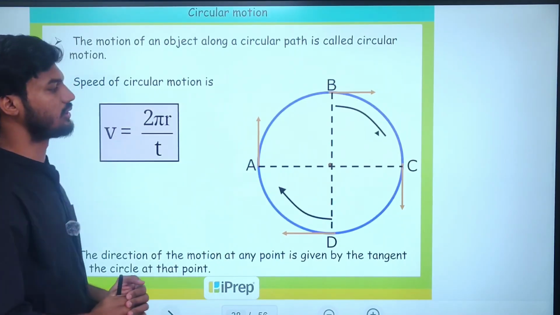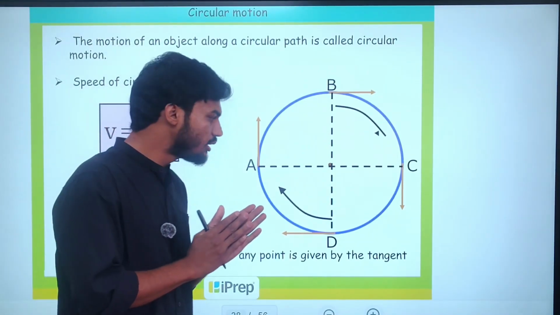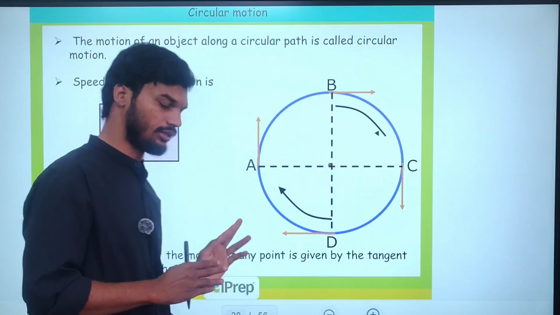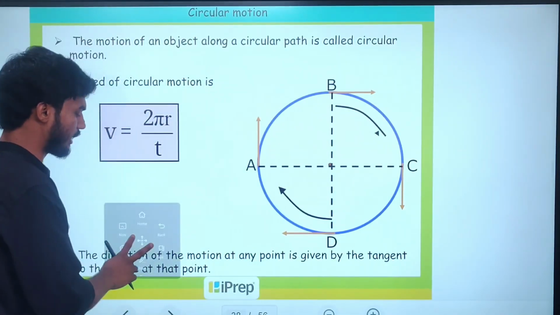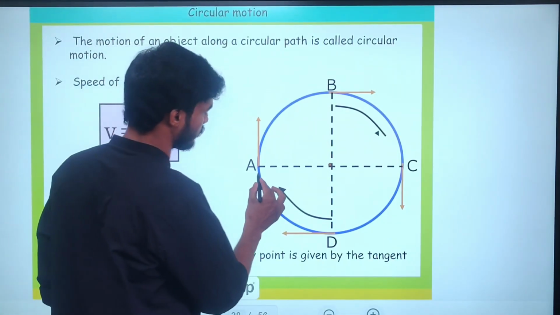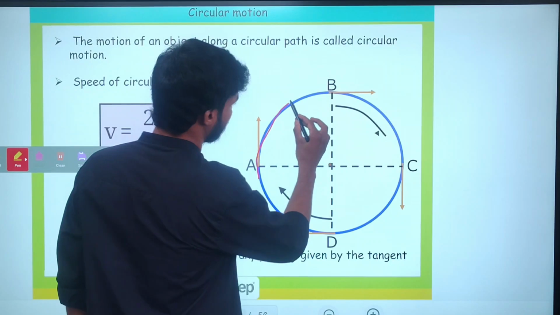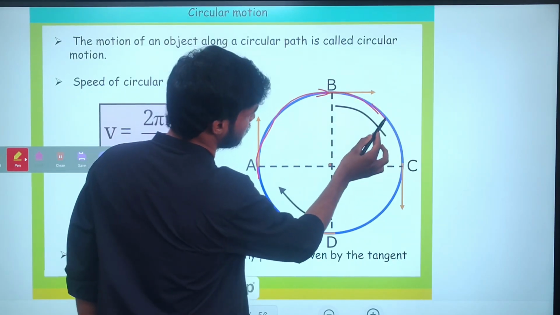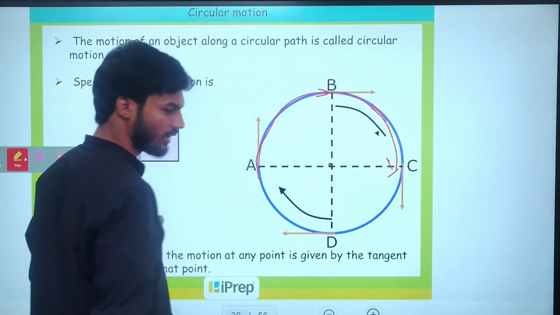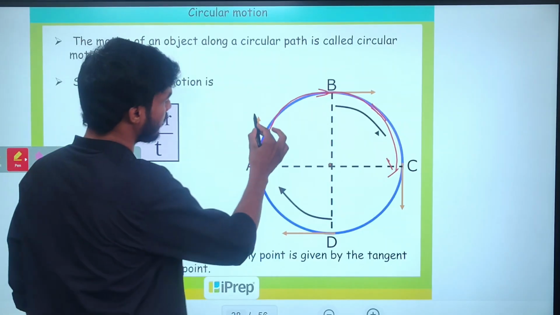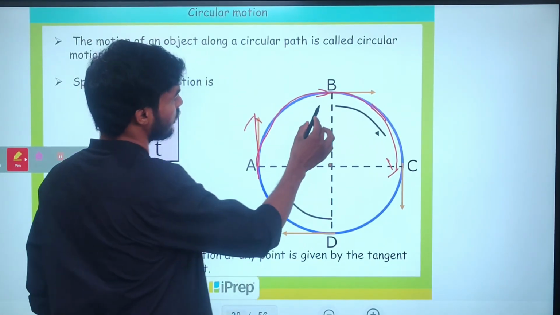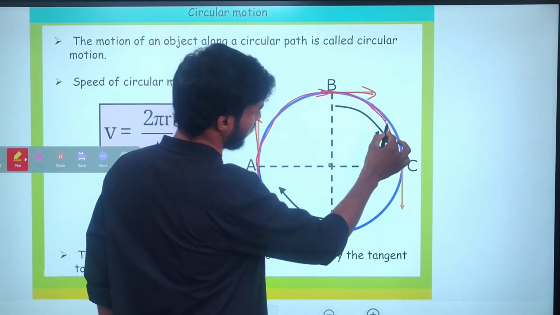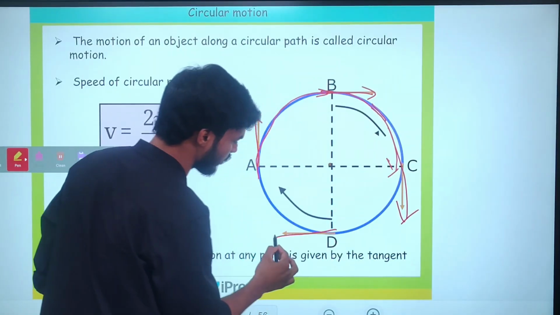Next, circular motion. When an object travels in a circular path, it is known as circular motion. In circular motion, the direction changes from position to position.